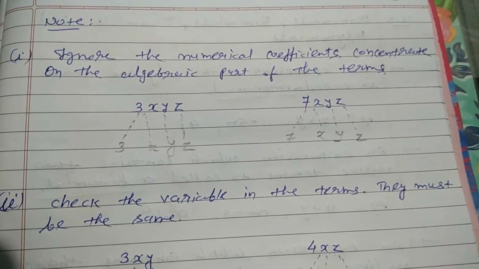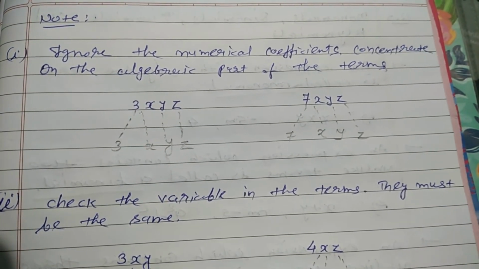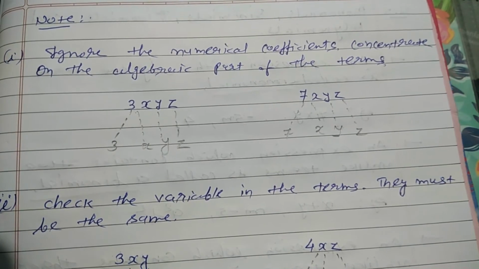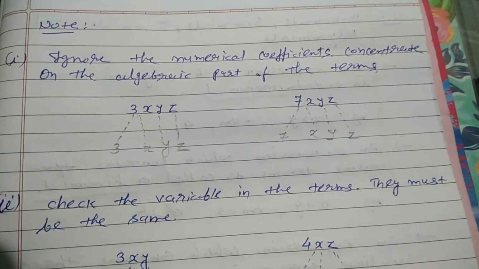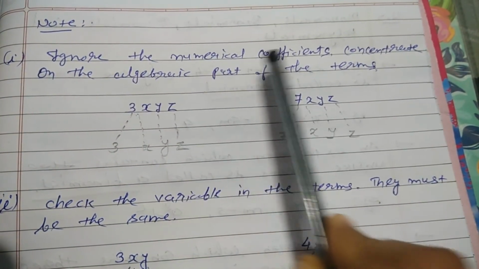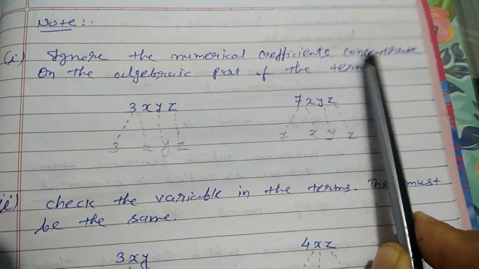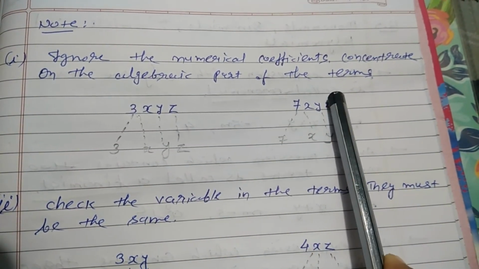Okay, when you have to find like and unlike terms, you have to keep these things in mind. Number one, ignore the numerical coefficient. Concentrate on the algebraic part of the terms.